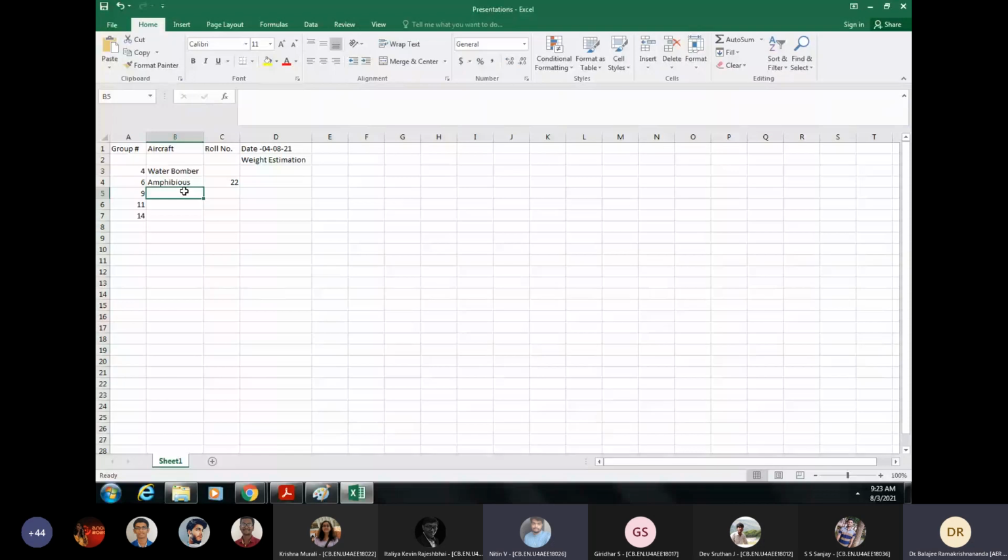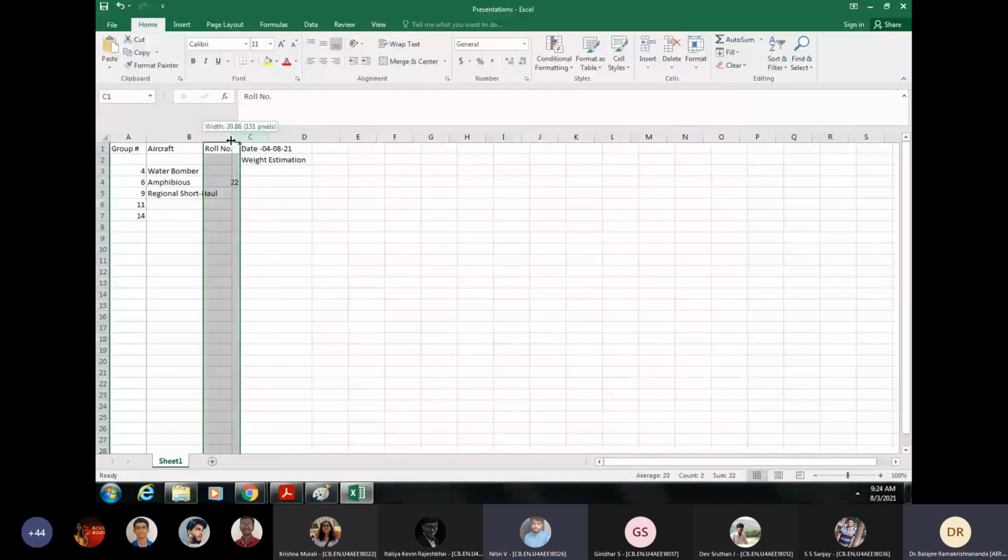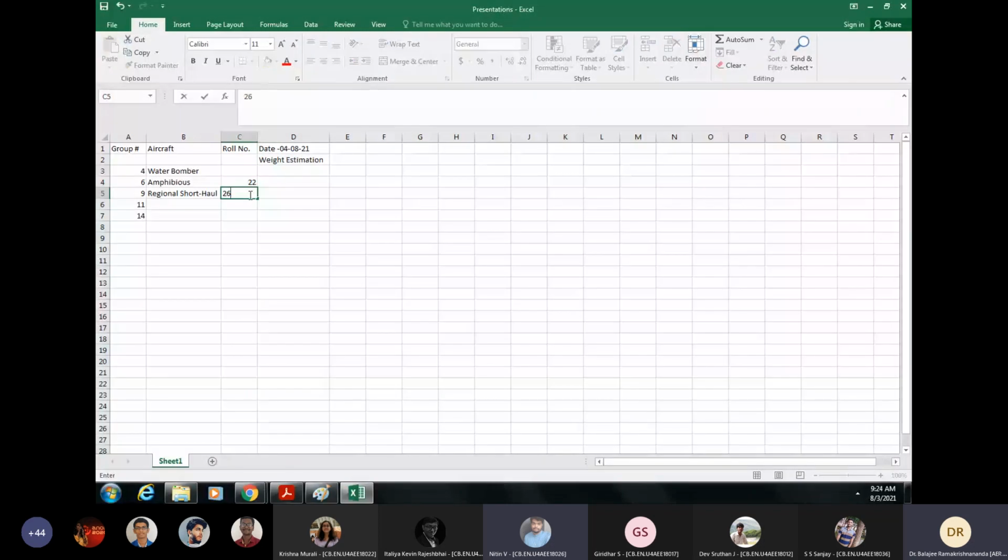Short haul aircraft. Regional aircraft, you mean? Yes, sir. Okay. Right, so now which roll number have you decided will be presenting? Sir, 26. Who is that? Sir, Nitin. Nitin. Okay. Group 11. Yes, sir. Military transport aircraft.